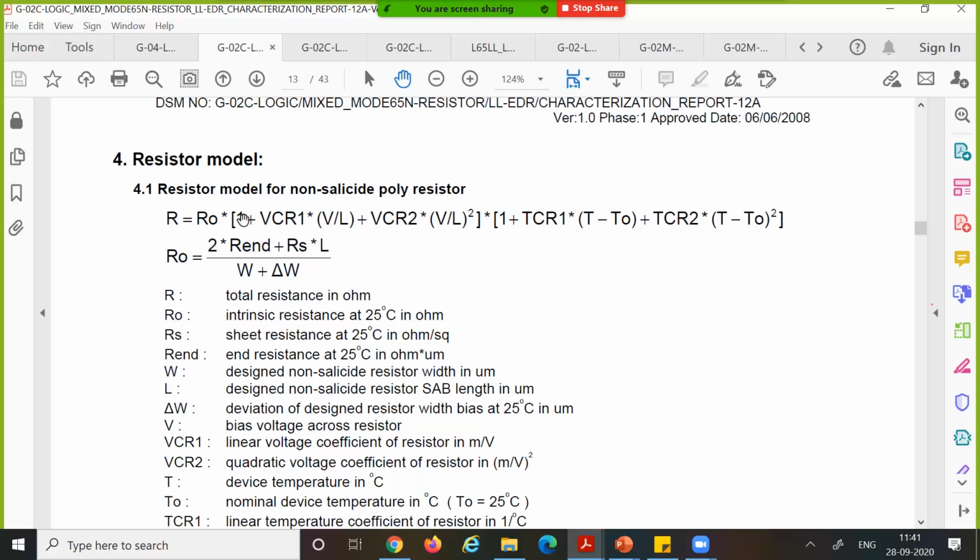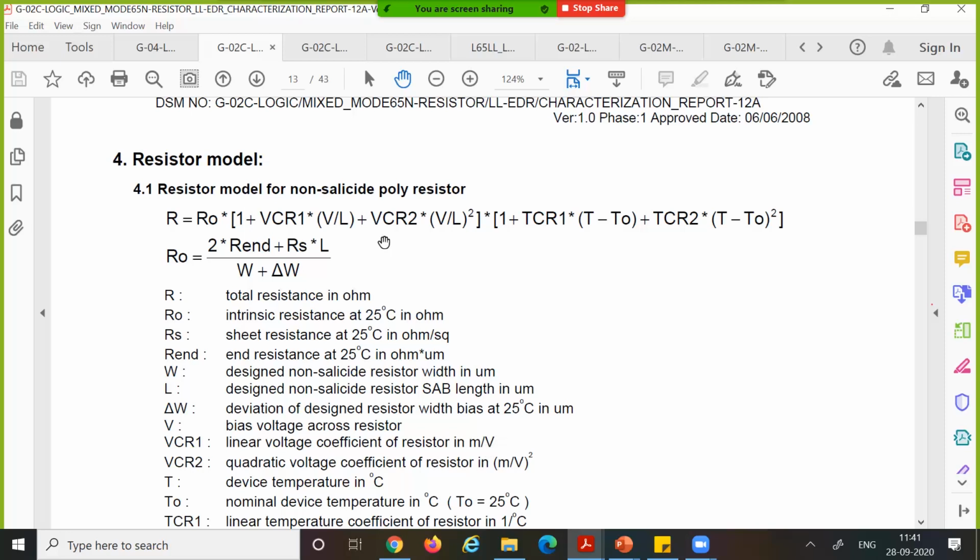Now there is some R naught, which is the nominal resistance. Here you can see it is 1 plus VCR1 times V by L, where V is the bias voltage and L is the length. VCR1 is the linear voltage coefficient of the resistor in meter per volt.